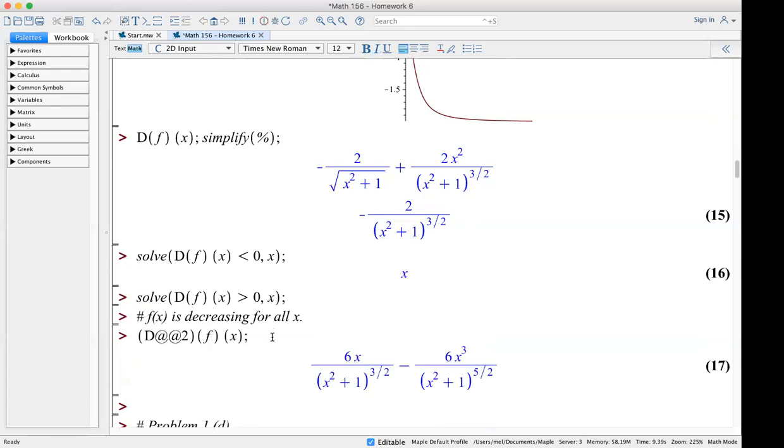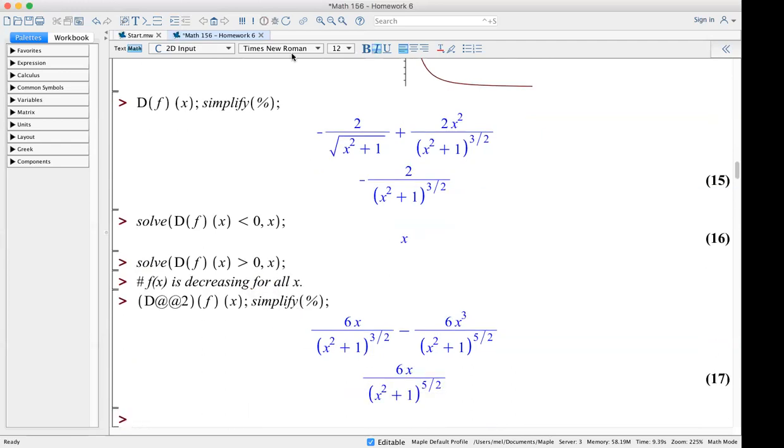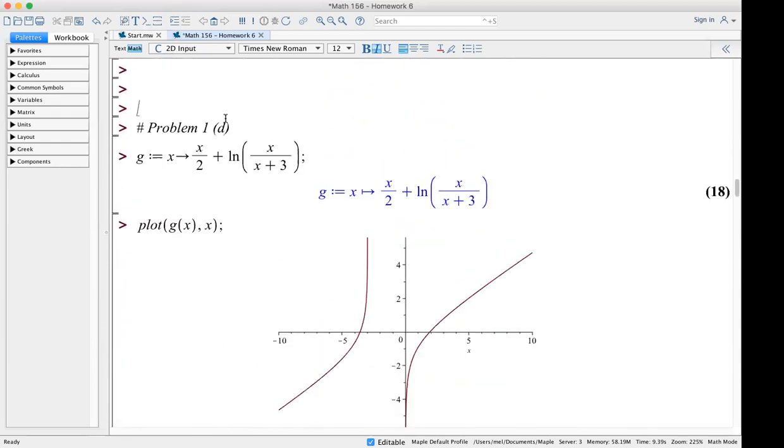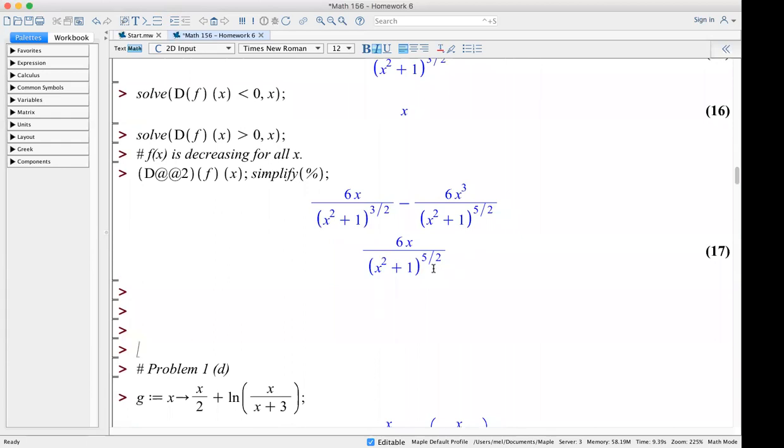Let's see if we can simplify that a little bit. So again, you look at the second derivative, x squared plus 1 is always positive. So this function will be positive when x is positive, negative when x is negative.